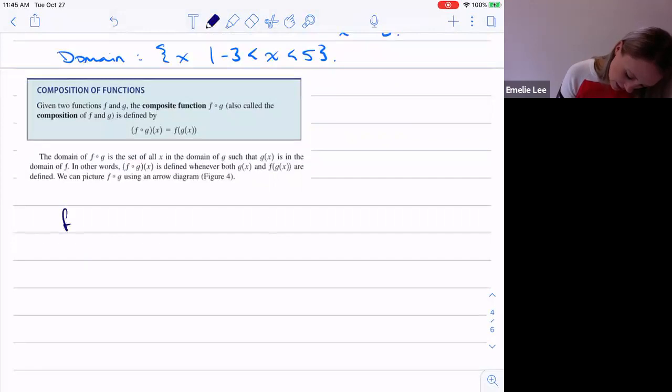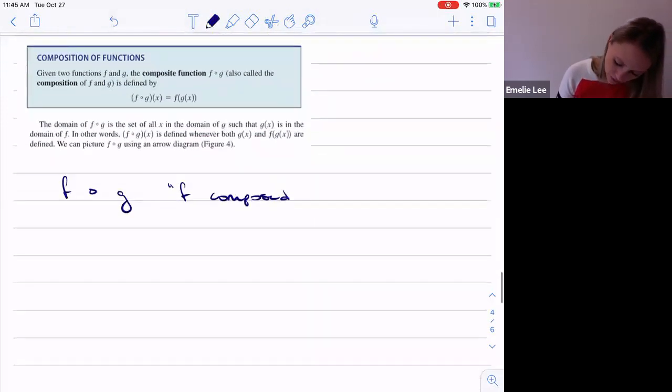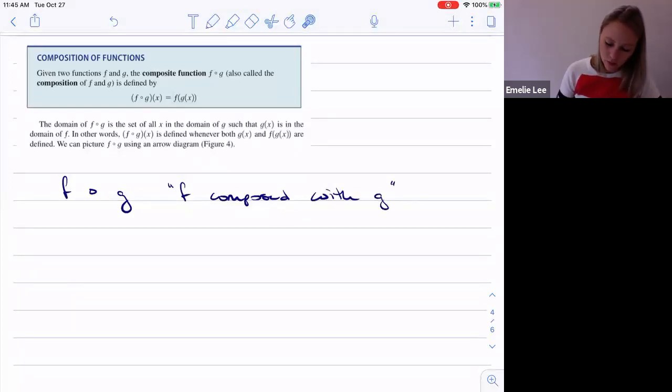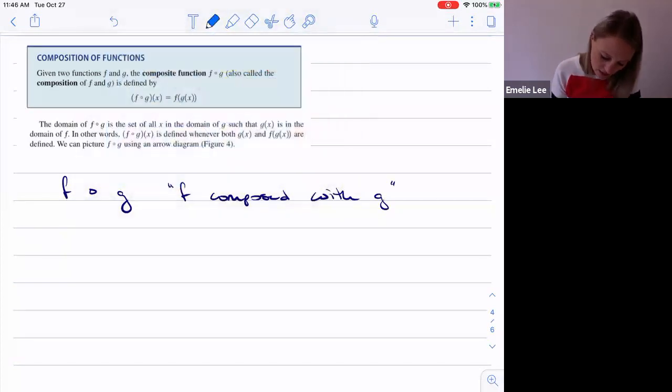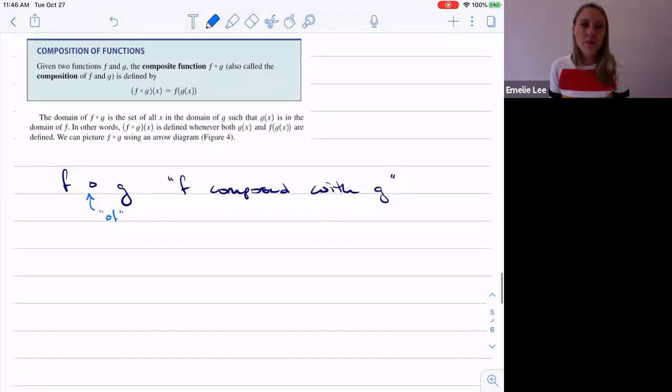Or more simply, it's where we plug g of x into f of x. Usually I just read this improperly.